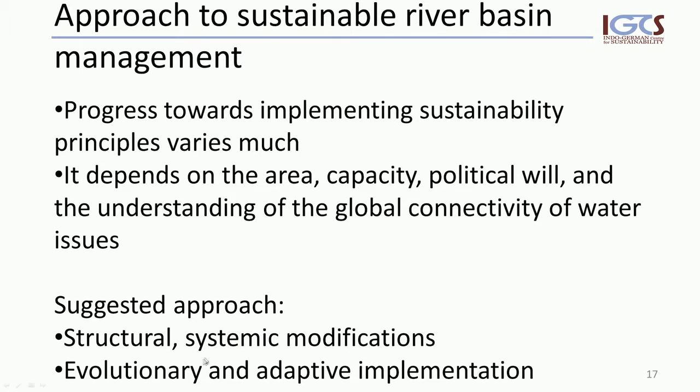We also have to make space for an adaptive, evolutionary implementation process. What is said here is that there will be no overnight change, and the results will probably not be measurable in the very short term. So it's a momentum, as with other major changes observed as examples earlier.